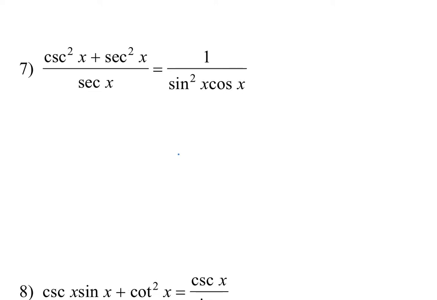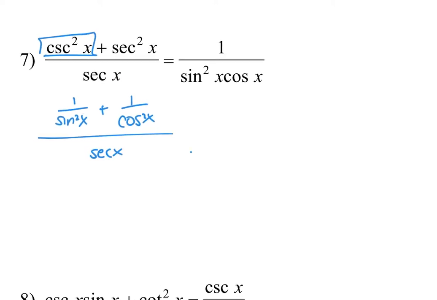But what you can do, and this is not the only way, is make that 1 over sine squared x plus 1 over cosine squared x, right? Keep the secant in the bottom. And then you can combine them into one by giving them a like denominator. So cosine squared x plus, and then this would have to be times sine squared x.